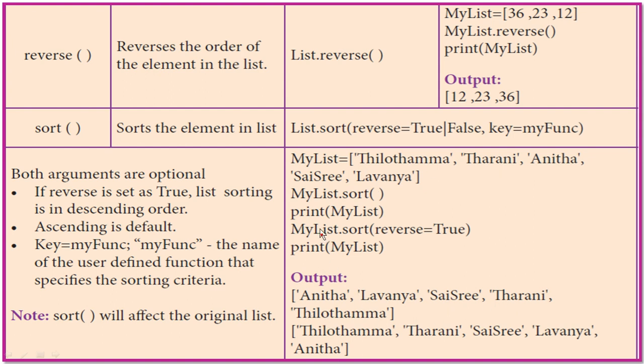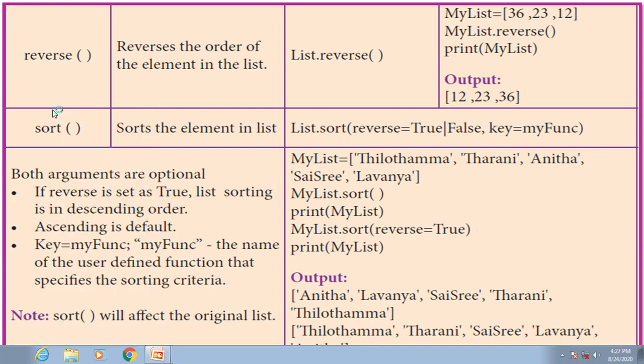The second time, my list.sort with the reverse key set to true, so we get the same list in reverse order. We are going to see this example using the IDLE window.